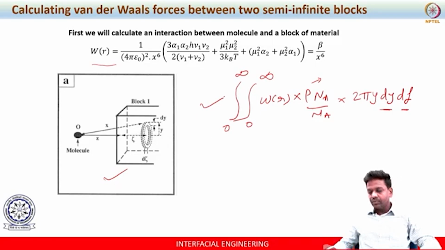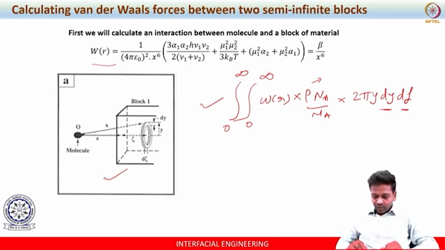If you perform this calculation, what you will get is the pairwise interaction between this molecule and the control element present in block 1. So that is very clear.